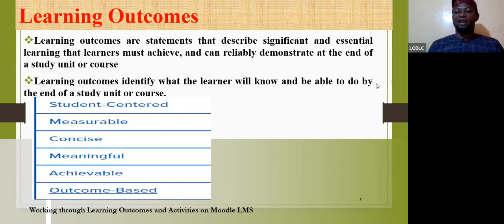I had an experience with a student. I had a conversation with the students last session. The student was trying to explain the kind of problems he encountered during the last semester. When he explained everything, I discovered that the problem the student had was that he could not understand what learning outcomes, learning objectives, and the learning activities are all about.